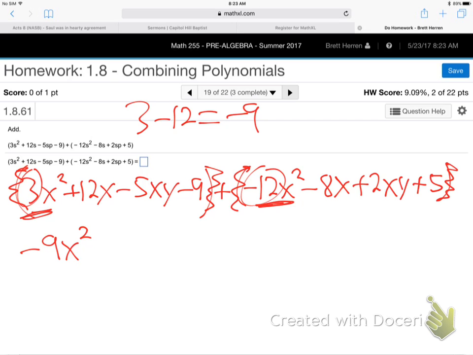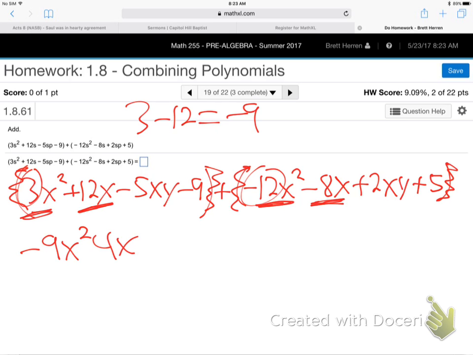The next one, we've got 12x minus 8x. So 12 minus 8? Plus 4x. Plus positive 4x. Good. Sometimes I see the mistake, people will just go, well, I'm just going to go 4x without any sign. That's not right.